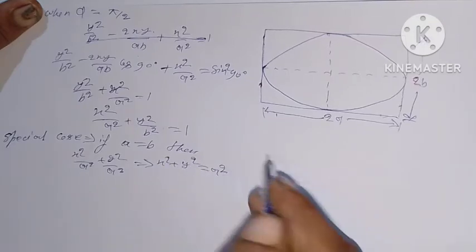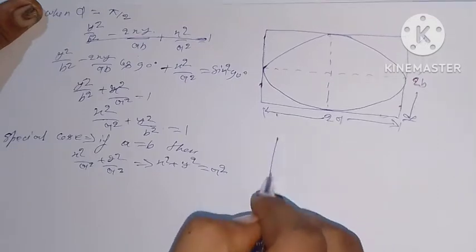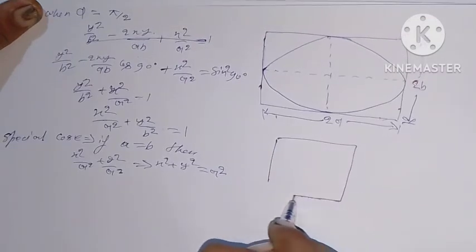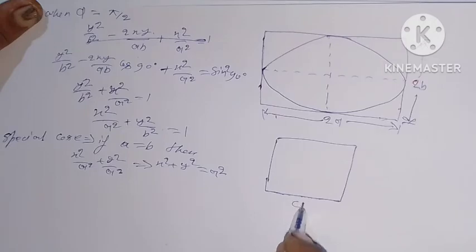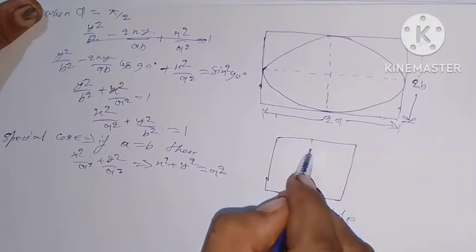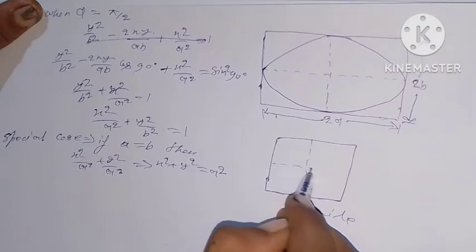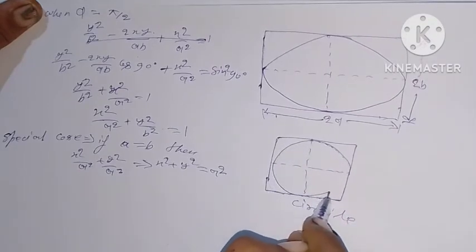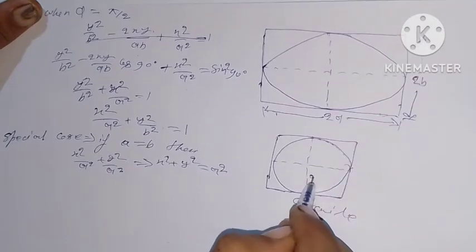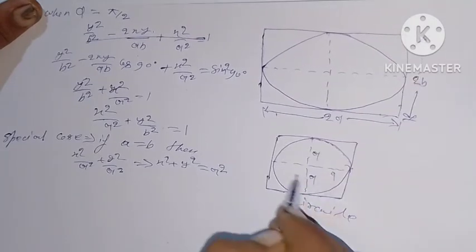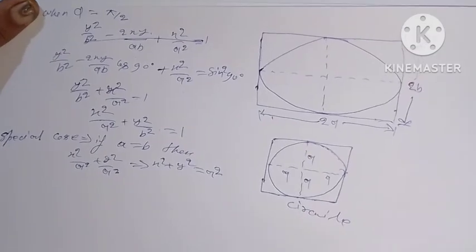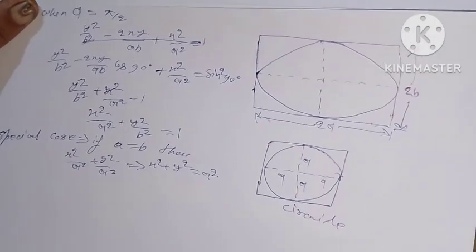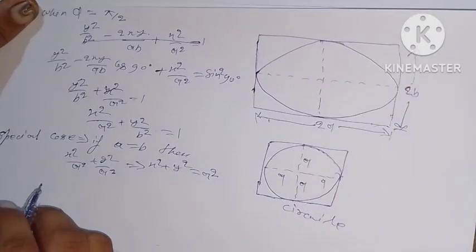This represents a circle of radius a, and the resultant motion is circular as shown in this figure.